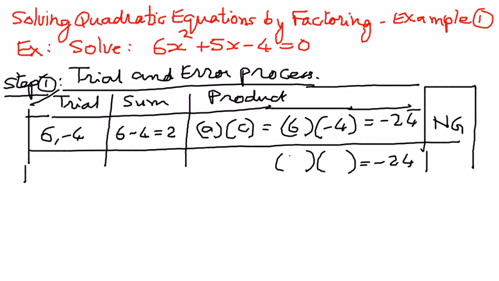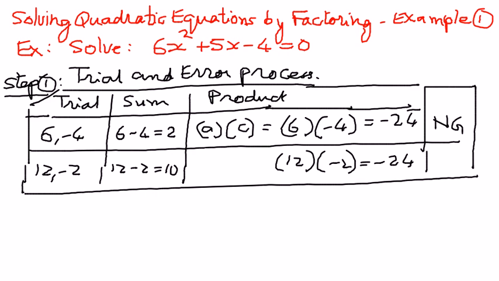What if I were to take 12 as the first number and negative 2 as the second number? 12 times negative 2 is negative 24. If I find the sum of those same two numbers, 12 minus 2 is equal to 10. The middle term we have is 5, and we have arrived at 10 here, and therefore 12 and negative 2 are not a good choice. So we ruled that out. This is also no good.